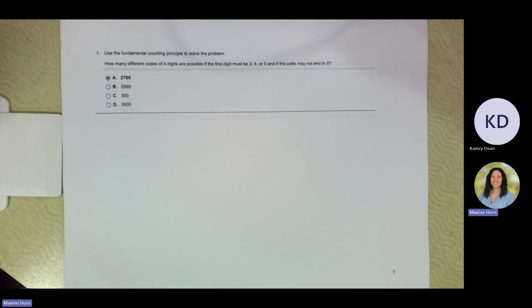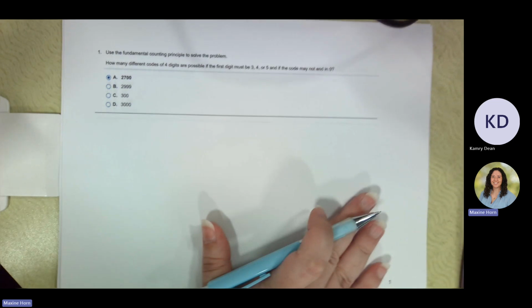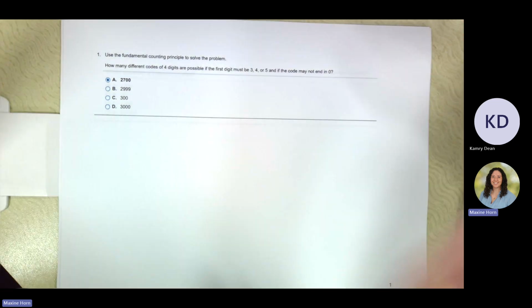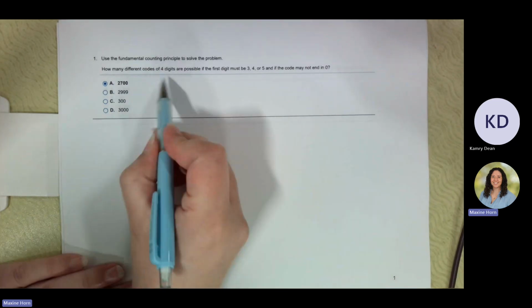All right, so number 1, use the fundamental counting principle to solve the problem. How many different codes of 4 digits are possible if the first digit must be 3, 4, or 5, and if the code may not end in 0? So what you're going to do for this type of problem is, they said that there's going to be 4 digits.